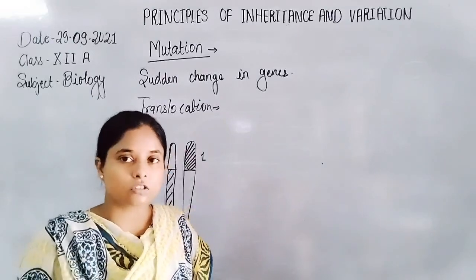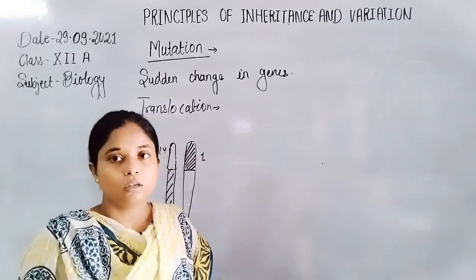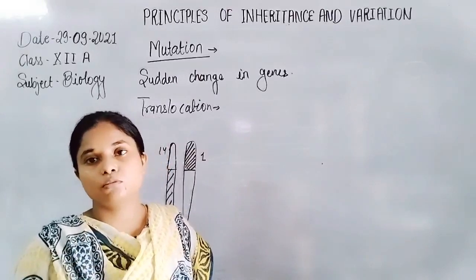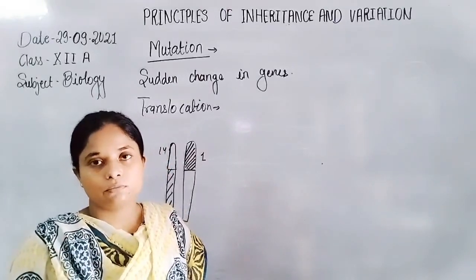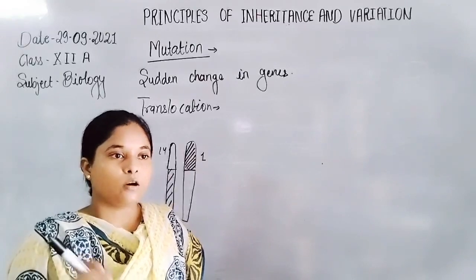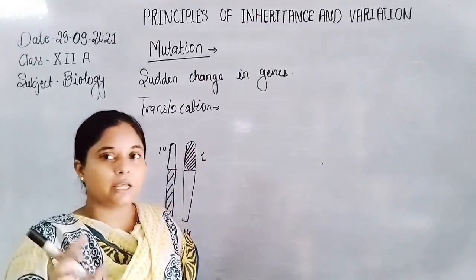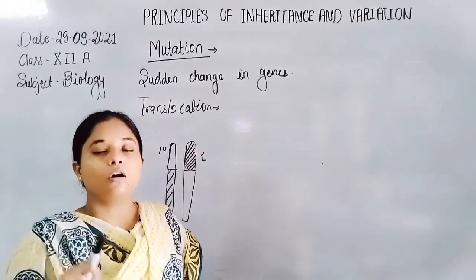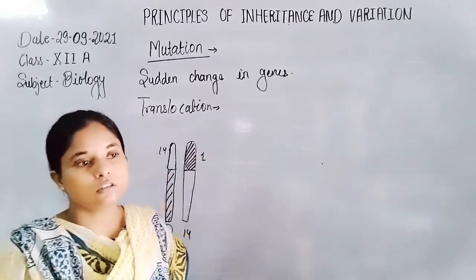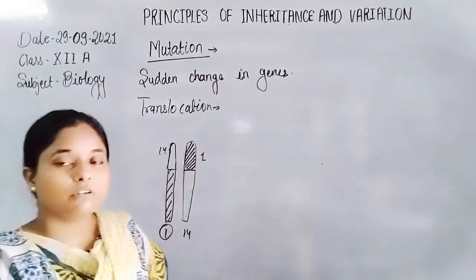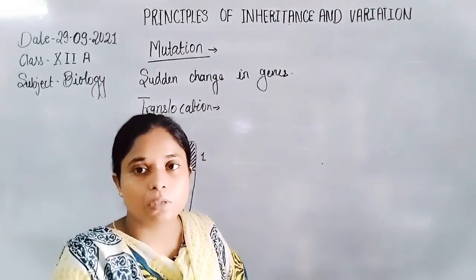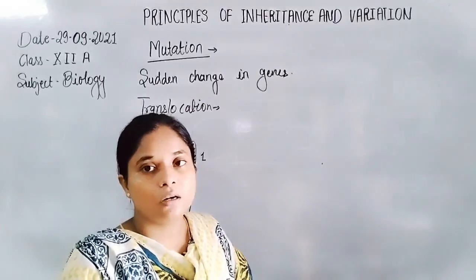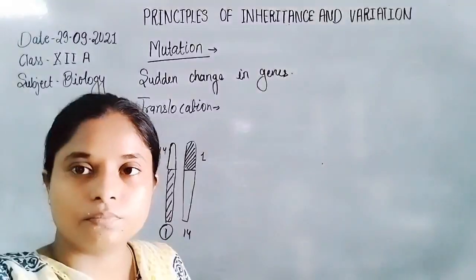Down syndrome is a trisomy. Klinefelter syndrome is the presence of one extra X chromosome in the individual. Down syndrome is the presence of one extra autosome, chromosome 21. In Turner syndrome, only 45 chromosomes are present, in which the individual lacks one sex chromosome.